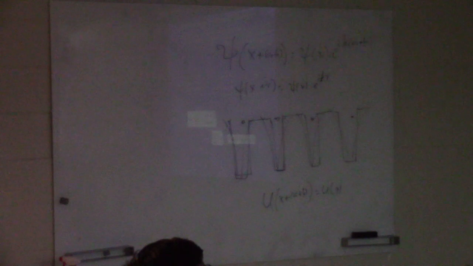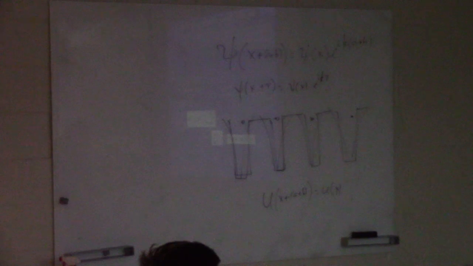In this region, I call this part kappa squared. Then d squared psi over dx squared equals minus kappa squared psi.